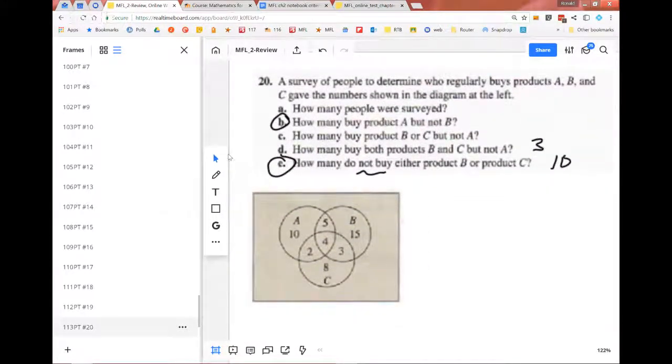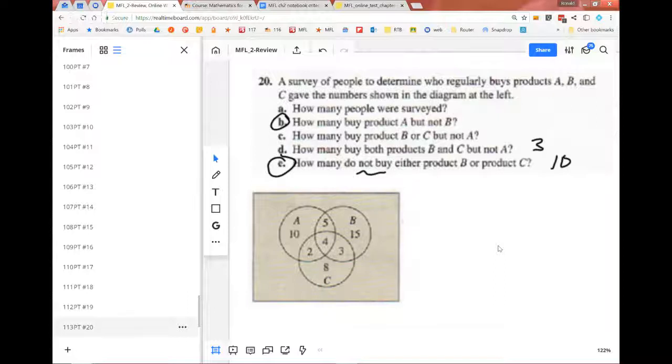So got the question up here. Survey of people is shown in the diagram. Well, it's not at the left. It's the diagram at the bottom. How many people were surveyed? So that's just adding up all the numbers. Yep.